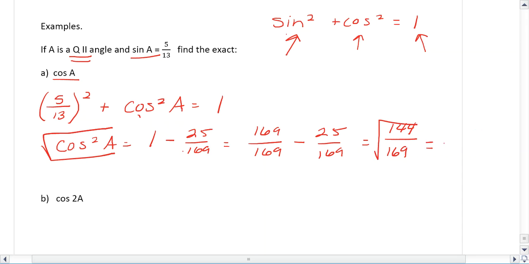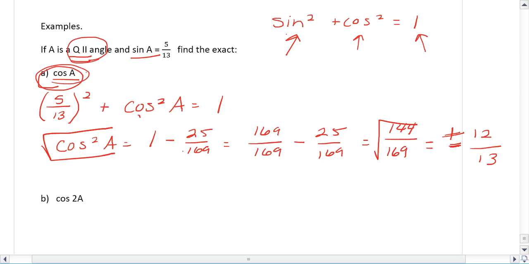But we run into an issue. The square root would give us a plus minus value, plus minus 12 over 13. Well, we can't have two answers for the cosine of A. So we have to decide, is it the plus or is it the minus? And the way you determine that is you go back and look at what quadrant you're in.